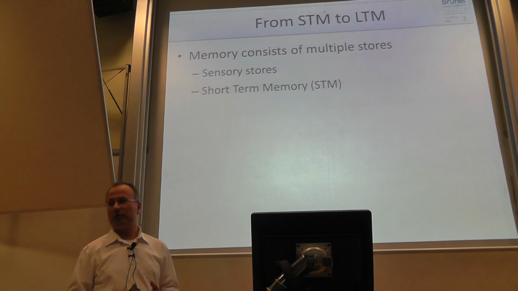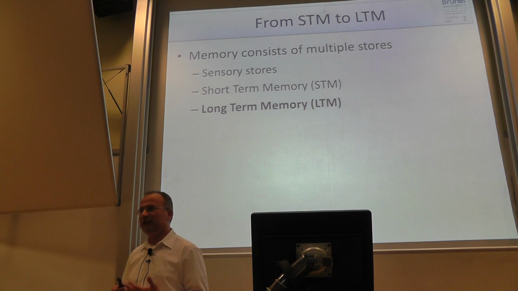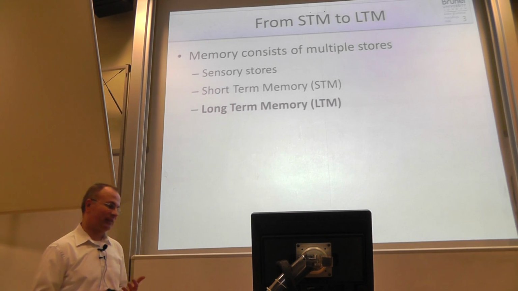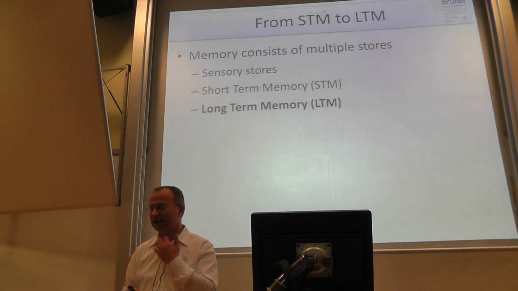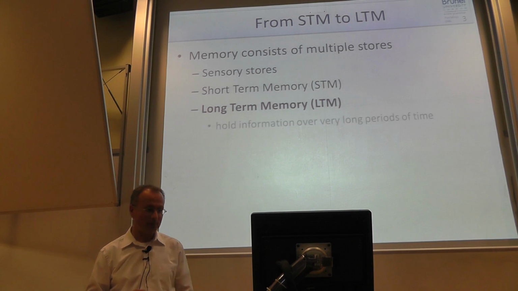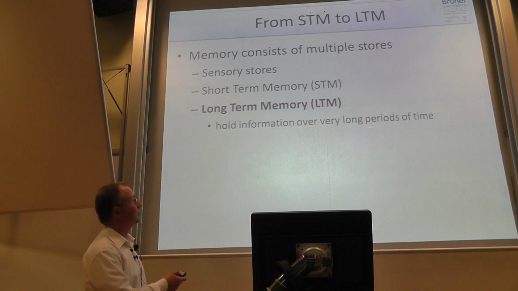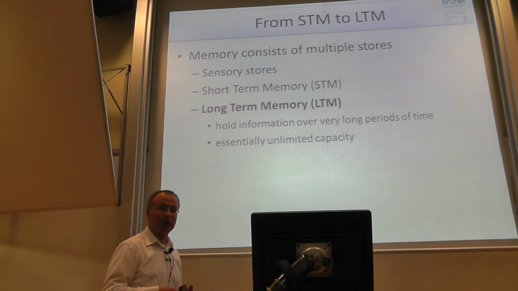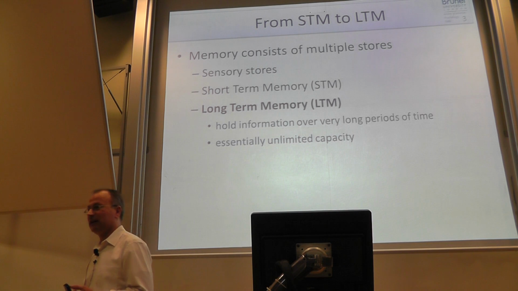Then last time we spoke in detail about short-term memory, which has a very limited capacity, and information is highly accessible but fades away quickly. Long-term memory, on the other hand, as the name says, keeps information over very long periods of time, possibly a lifetime, and it is assumed to have potentially unlimited capacity.